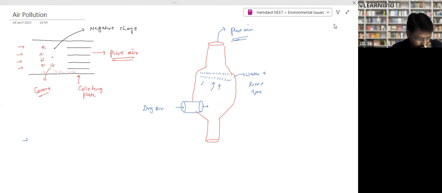Do you have any idea? This is the first one. To control air pollution, we are using the electronic precipitator. So what exactly is an electronic precipitator? Does anyone of you have any idea? Okay, so you people must have an idea regarding this one.